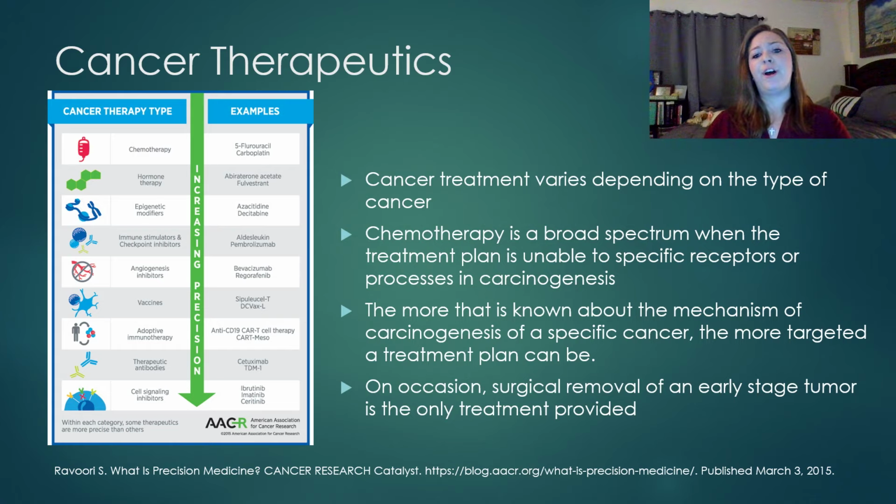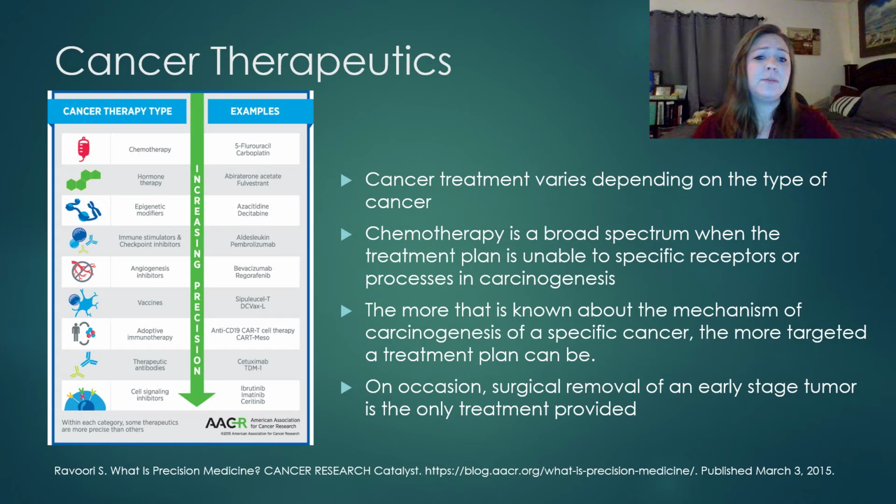Chemotherapy is more of a broad spectrum treatment when the cancer that the person is affected with doesn't have any identified specific receptors, or they haven't identified specific processes that can be targeted in the process of carcinogenesis. So the more that is known about the mechanism that causes that specific type of cancer, the more targeted a treatment plan can be to treat that type of cancer.